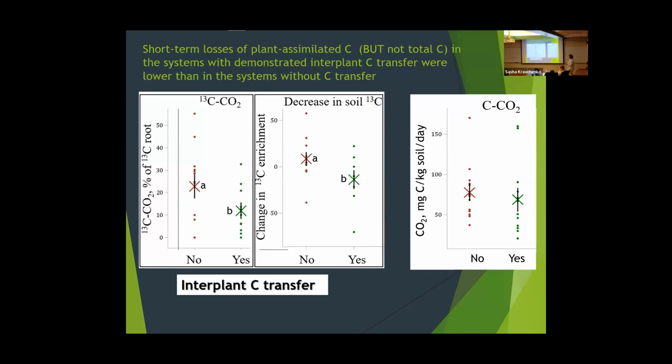But actually no, the difference between those no-yes systems was only present in relation to this newly added 13C carbon, and was really not there when it came to the overall CO2 emissions from those cores.